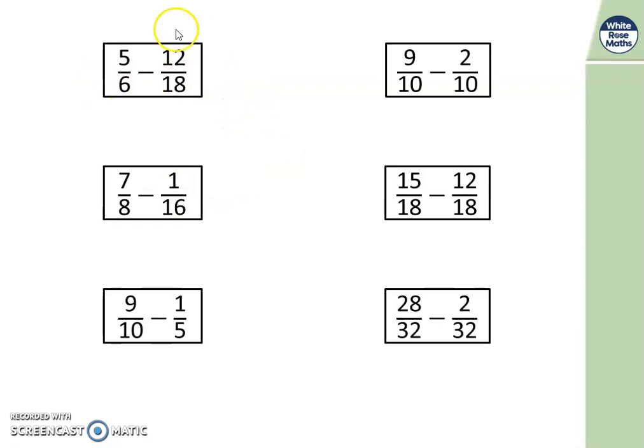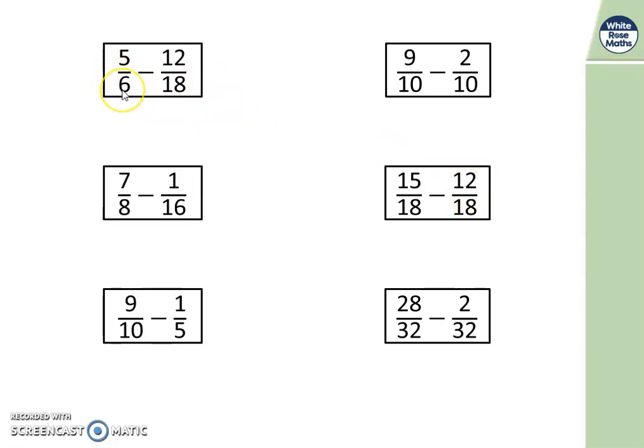If we have a look, for example, at this first one, can you find any of them on the other side that have either 5/6 or 12/18 in those positions? You should spot that this one says 15/18 subtract 12/18. So the 12/18 is in that position.